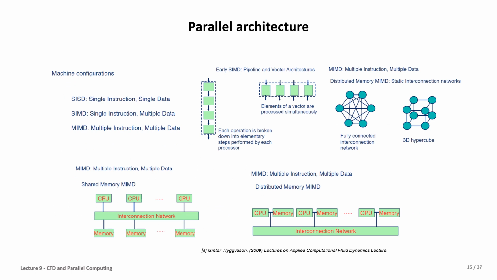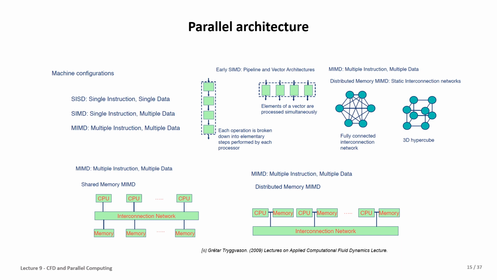Here is a short review on the parallel architecture in the HPC course. In the previous lectures, you had details of these different configurations: single instruction single data, single instruction multiple data, multiple instruction multiple data.